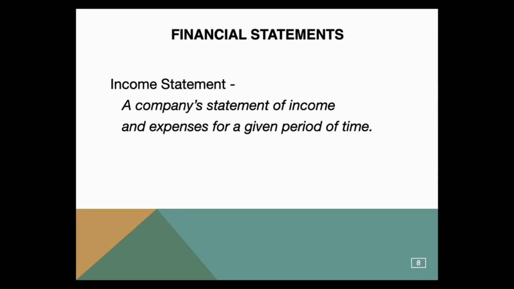So if I'm selling my favorite pen here, if I'm a retailer, my cost of sale would be whatever I paid for this pen from the wholesaler. So if I paid $2 and I'm selling it for $4, my revenue would be $4 when I sell it. My cost of sales would be $2.